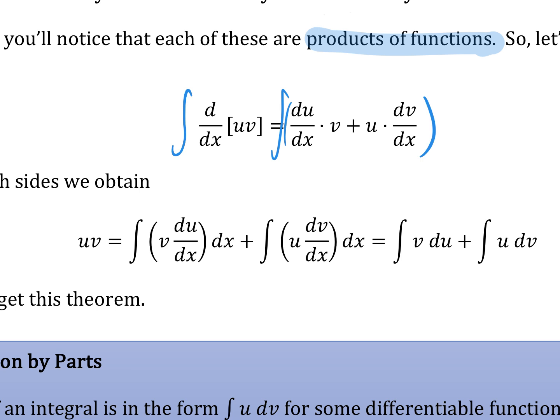Well, when we integrate the left side, we just get u times v, because the derivative operator and the integral operator are opposites. And if we integrate this side with respect to dx and this part with respect to dx, these dx's cancel, and we end up with the integral of v du and the integral of u dv.